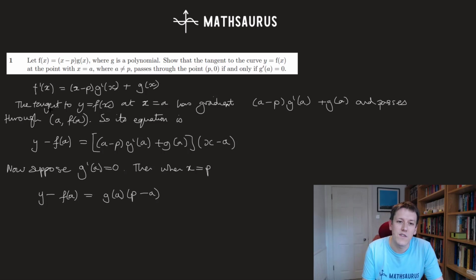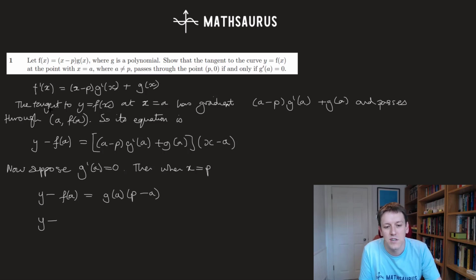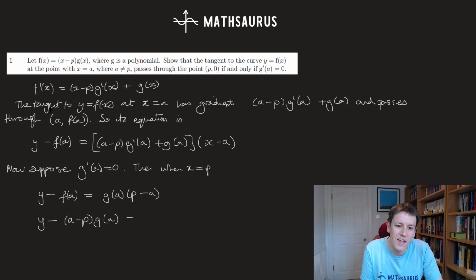And at this point we can remember that f is defined as x minus p times g of x, so f of a is going to be a minus p times g of a.